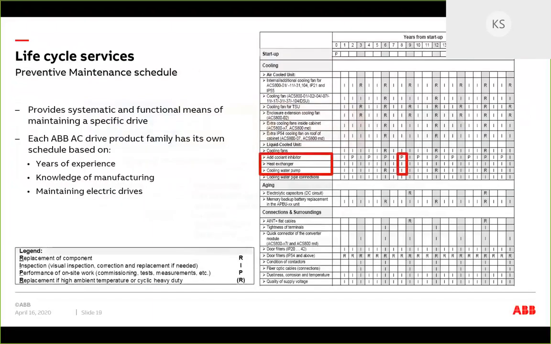Maybe you can explain this one, Matt, just to show them what this one's all about, the preventive maintenance schedule. Yeah, in our life cycle, we say that we will support these drives for 20 years, and some of them actually longer. But to get to that point from startup, that's where the clock starts ticking. Along the way, we want to either inspect or replace some of the parts.